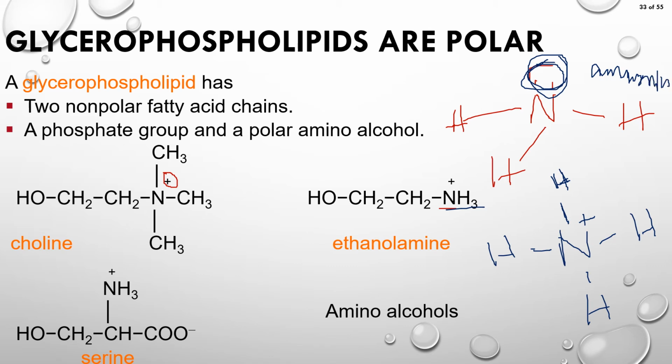Okay? So, since this is polar, this glycerophospholipid is a polar molecule, so this means that it can interact with water. Oxygen, with two lone pairs, is partially negative, while hydrogen is partially positive.